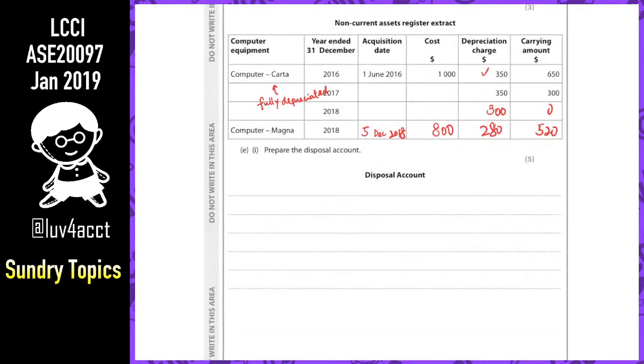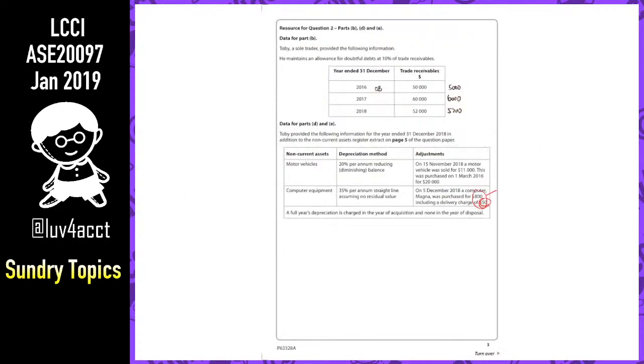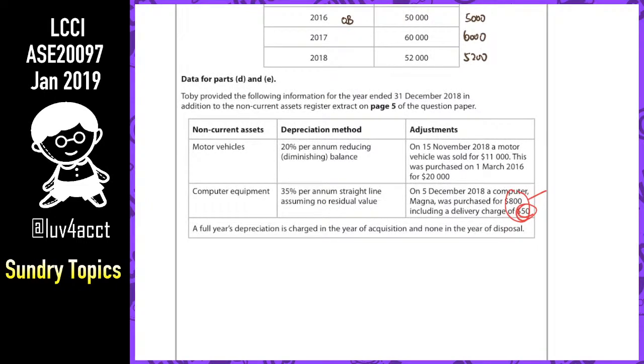And then next we have the disposal of motor vehicle, 20% per annum reducing balance method. On the 15th of November, a motor vehicle was sold for 11,000. This is the proceeds. It was purchased on the 1st of March year 2016 for 20,000.